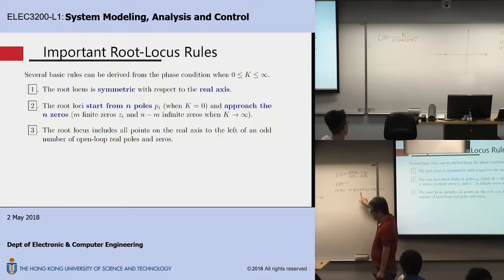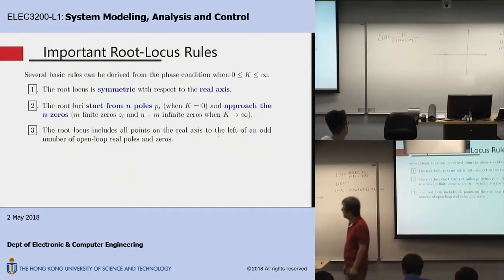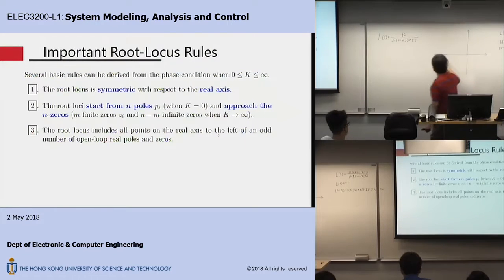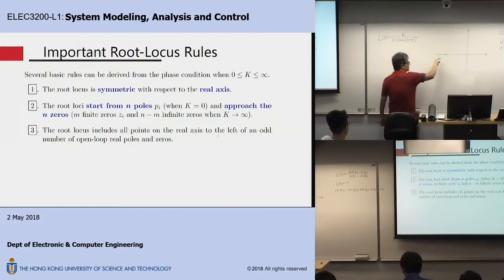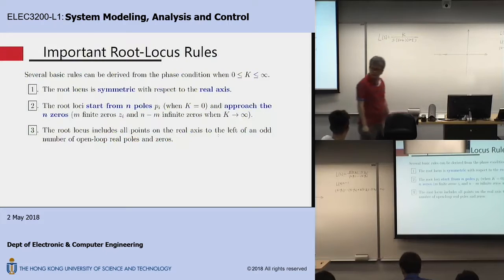When K becomes very big, that means when K goes from 0 to infinity, then you see that this part can be neglected. When you say this is equal to 0, it simply means that the second term is 0. The second term is 0, of course, means S has to be one of the zeros. So the root locus will approach zeros.